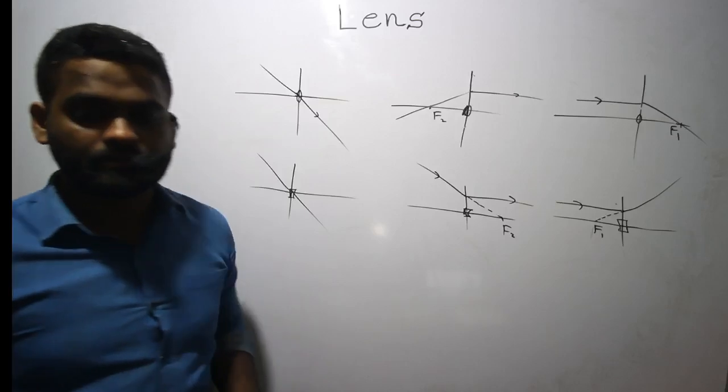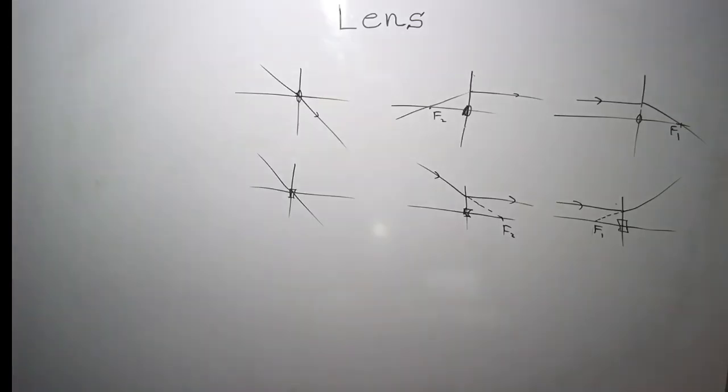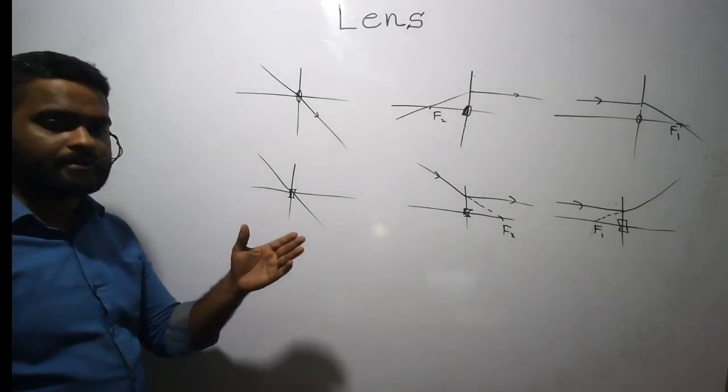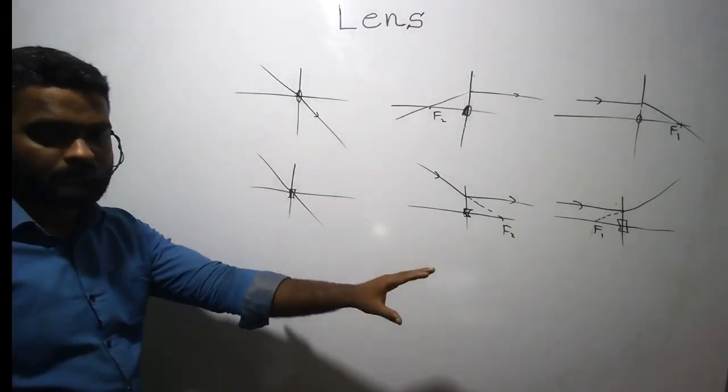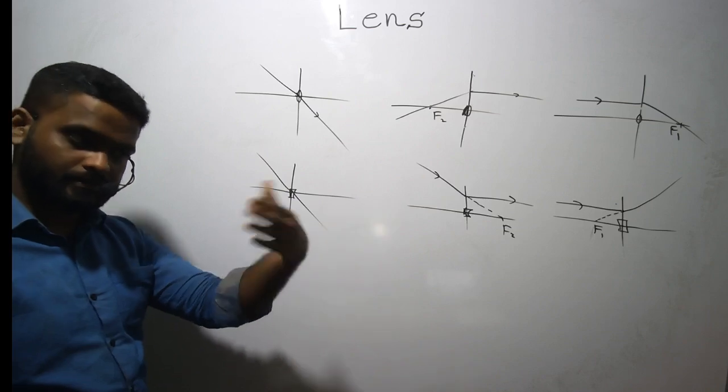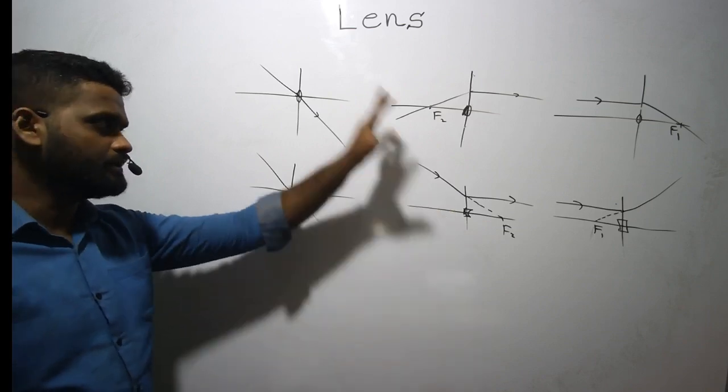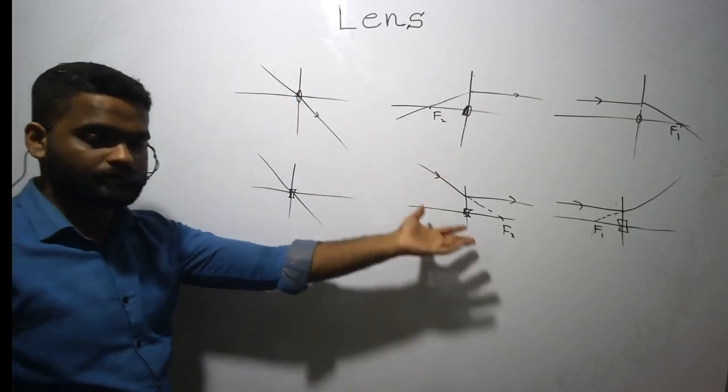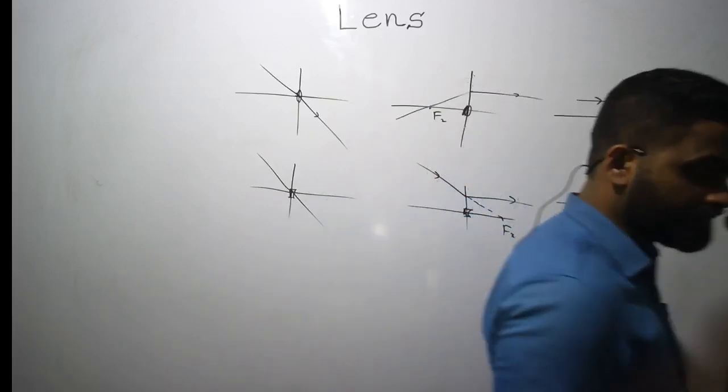Take those down and let me know. So whenever you have to predict the path of a ray after refraction, you will have to use two of these, right?